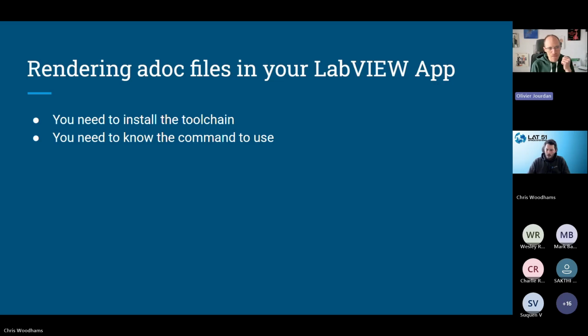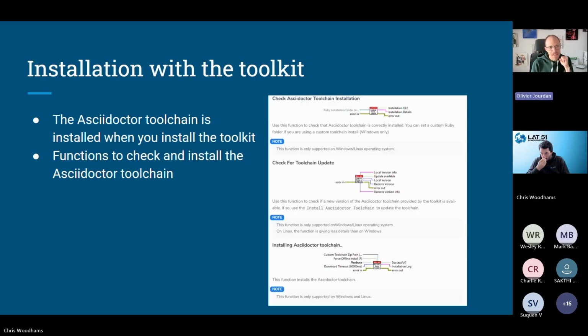So on the next slide, we can see that if you install the Asciidoc toolkit with VIPM, it's going to install the toolchain at the same time. So on your development machine, you install Asciidoc and you have the toolchain. You can generate the PDF or the HTML file starting from your Asciidoc file.